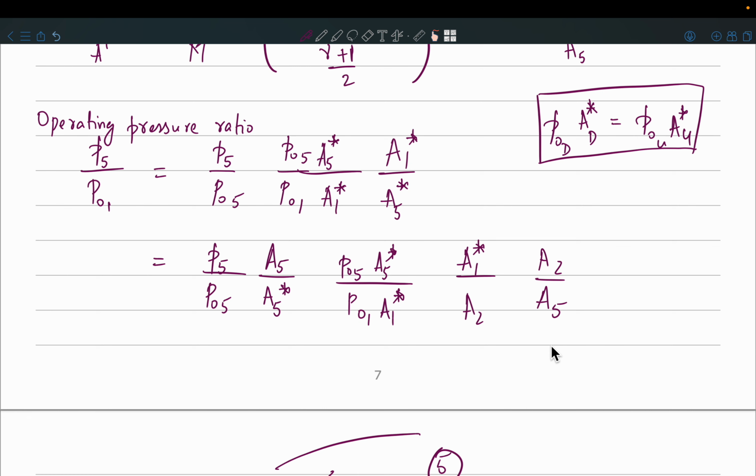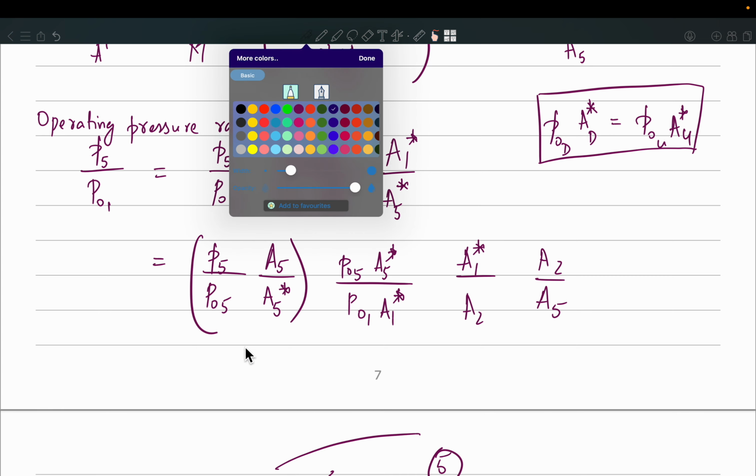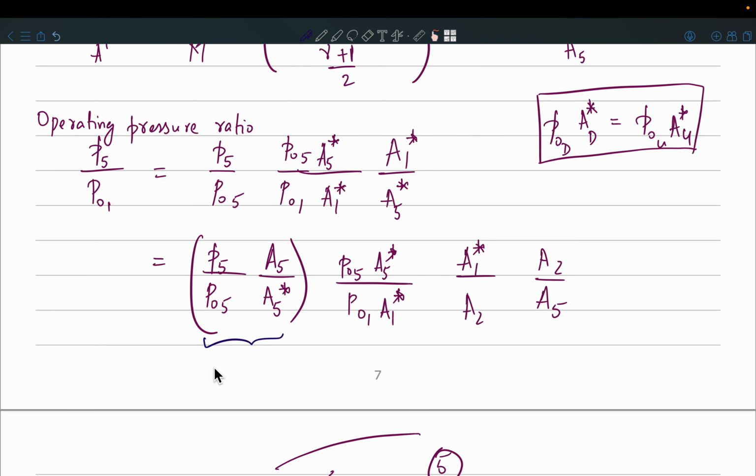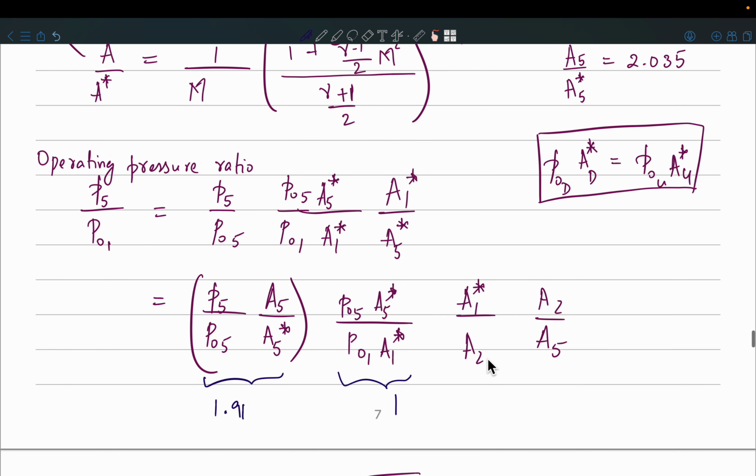Okay. So now we know this particular value. We found this value to be, let me change the color so it's easier, 1.91 or 1.92, right? Okay. And this is going to be 1. Correct? Okay.